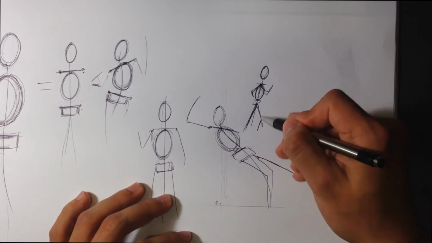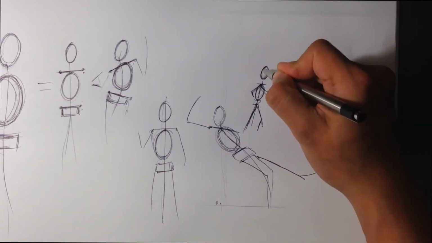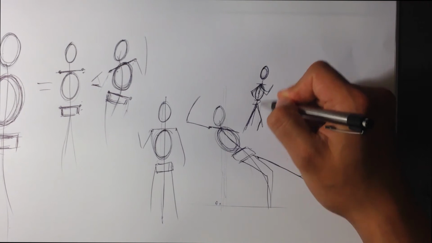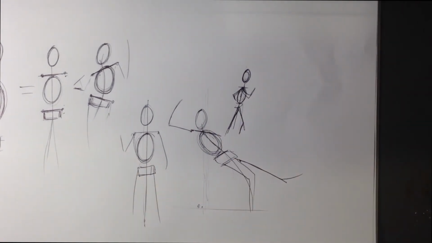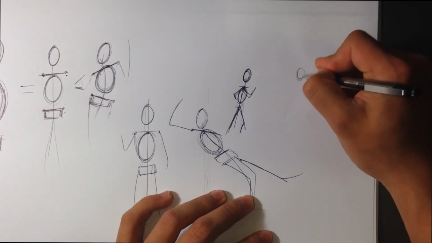If you were to take that pose, let's say, that would be straight up, the center of gravity maybe right here. You know what I mean? It's too even. You'd have to lean him way more forward to make it more dynamic. You'd have to lean him more like, let me see.